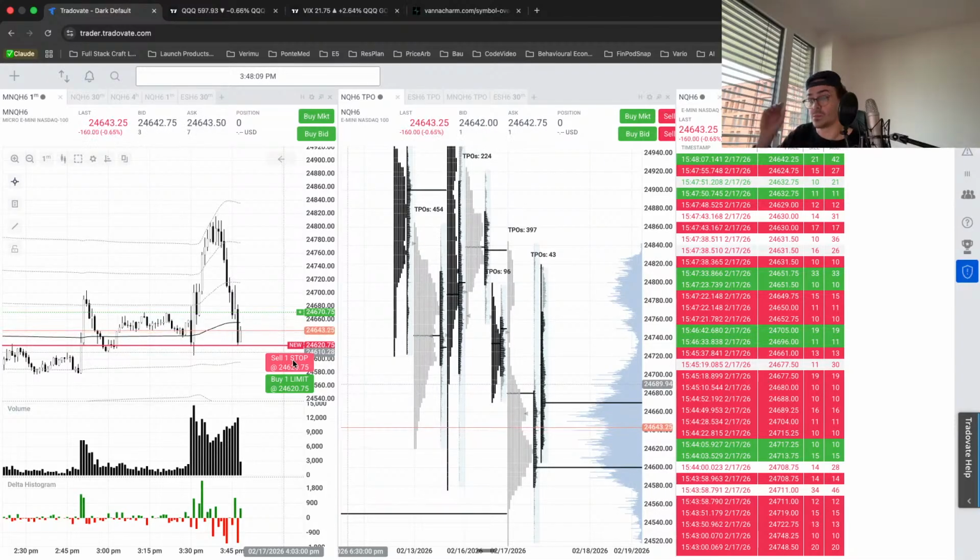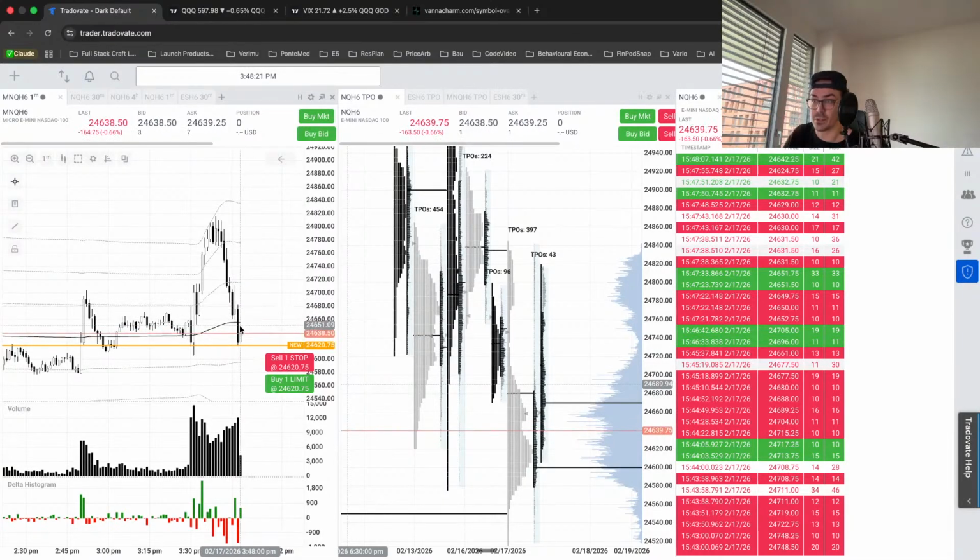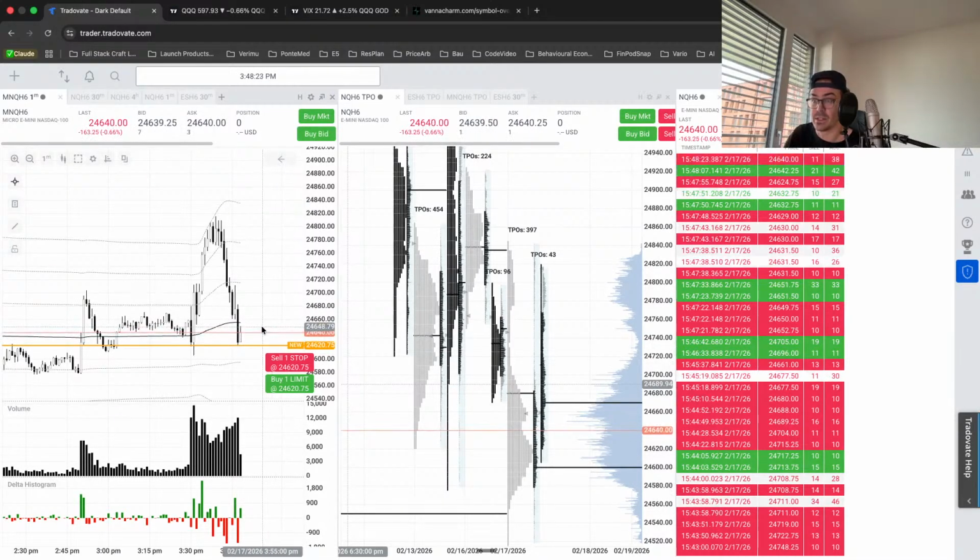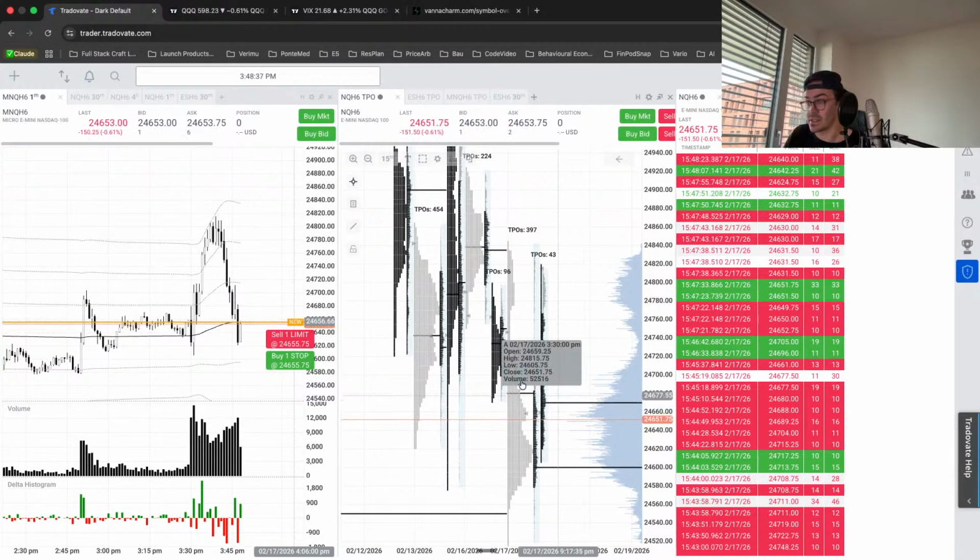See if they rebid VWAP or if it's just offered here. It was a pretty mean reversal of the 1 minute, almost to the tick, the 1 minute opening range. VPOC is now at 670.